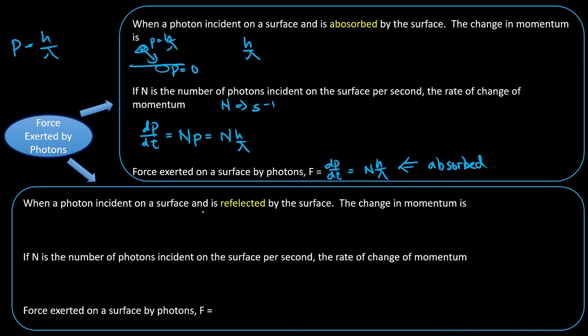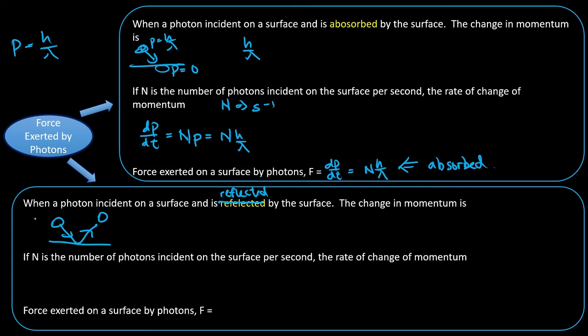What if the photon is not absorbed by the surface? Instead of being absorbed, it is reflected by the surface. So let's say photons hit the surface and are then reflected.